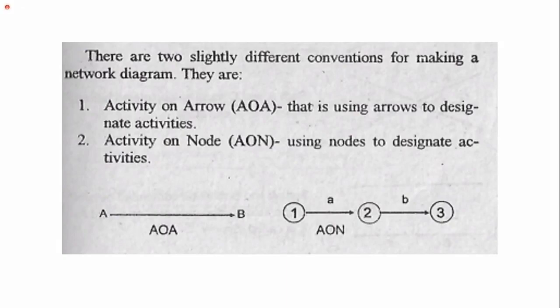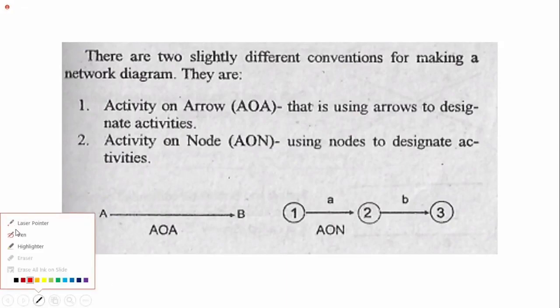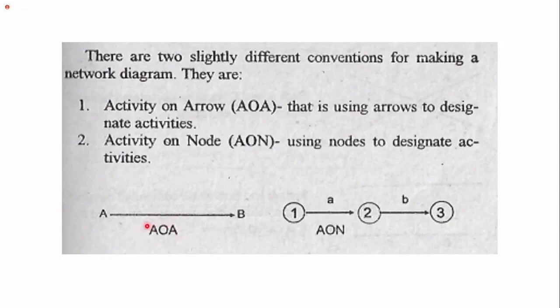First is activity on arrow, using arrows to designate activities. So from this one, activity AOA. So atong designate kayang arrow.